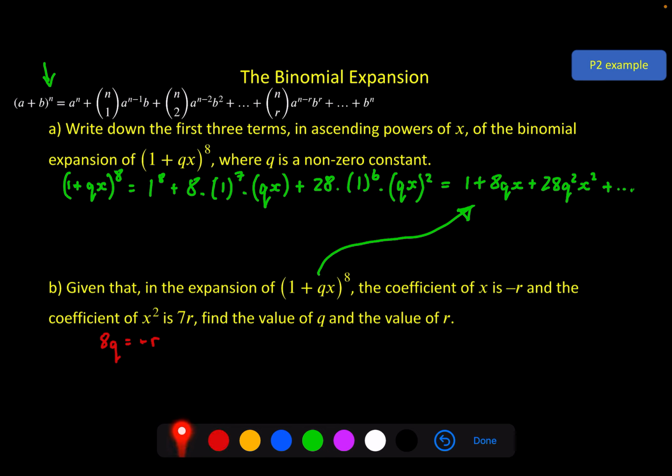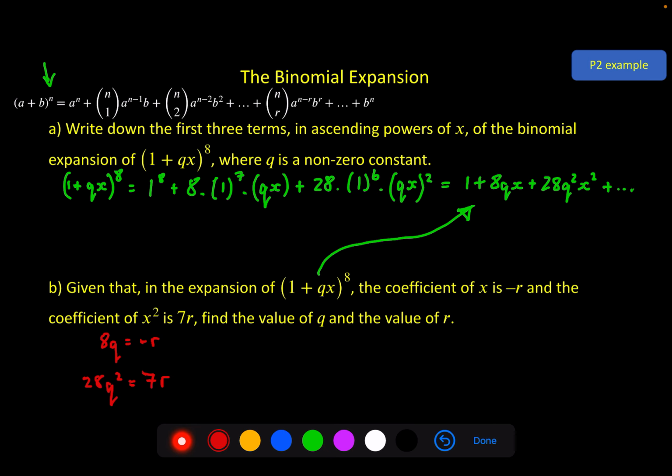And then we have a second piece of information to create our second equation, and that is that the coefficient of x squared, 28q squared, is equal to 7r. So 28 q squared is equal to 7r. Find the value of q and the value of r.